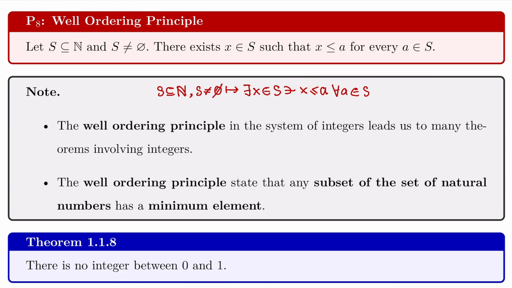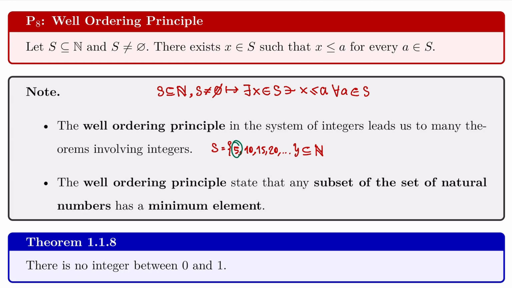For example, suppose you have this set S, a subset of the set of natural numbers: 5, 10, 15, 20, and so on. We know that this is a subset of the set of natural numbers, and it always has a minimum element. So this is the meaning of the well ordering principle.